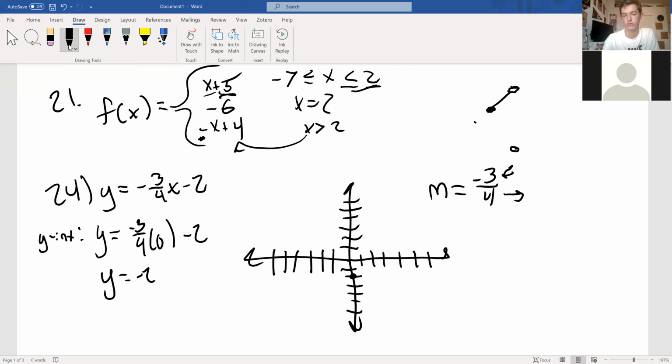So 1, 2, 3, 1, 2, 3, 4. That's close enough. And that's as far as I can go on this graph to the right. If I was going to the left, then I just switch it. So up 3, to the left 4. 1, 2, 3, 1, 2, 3, 4. And that's really it. That's as many points as I can fit on my graph.